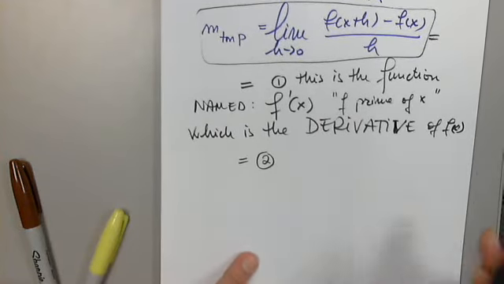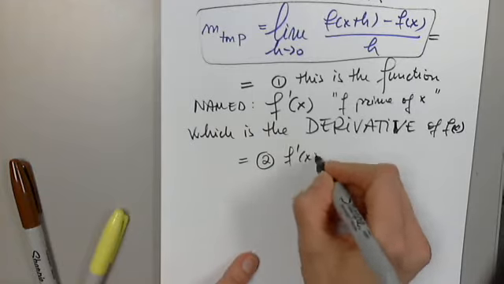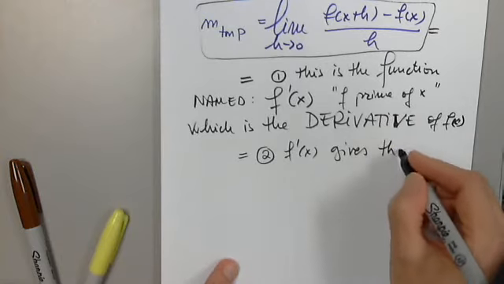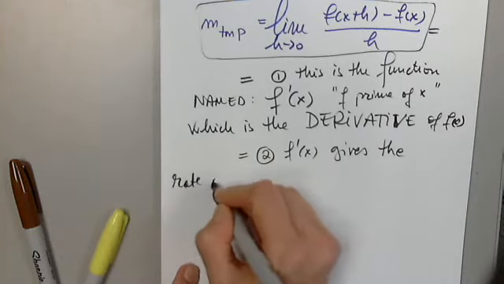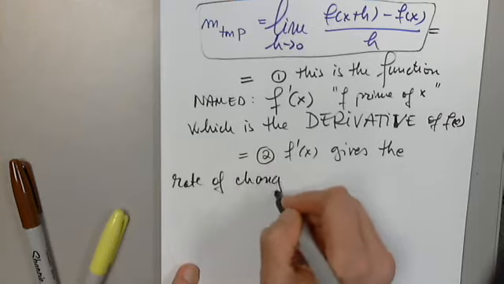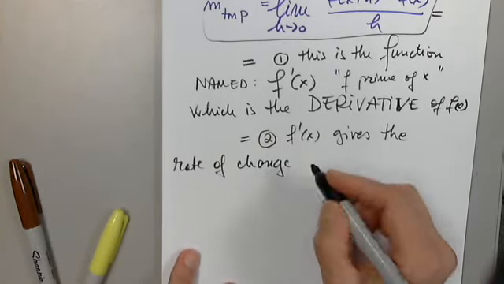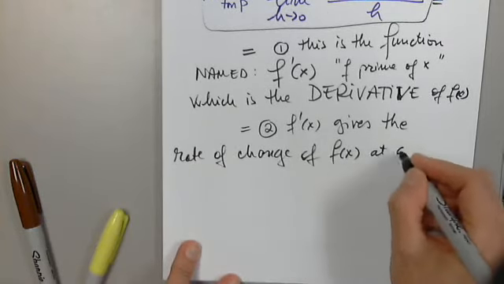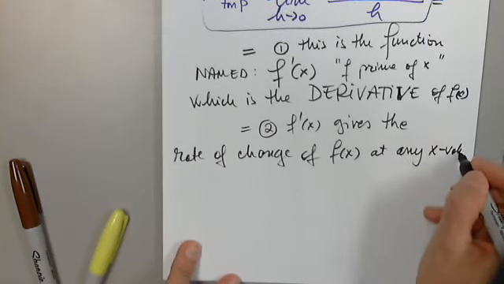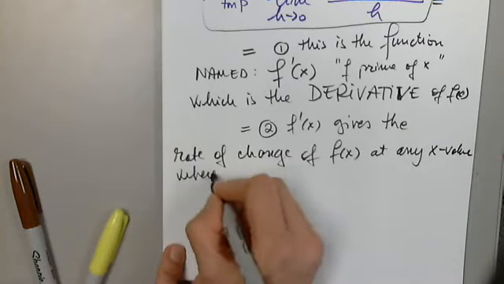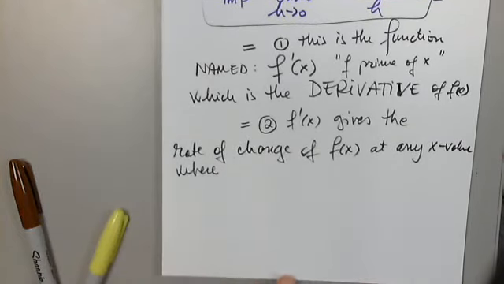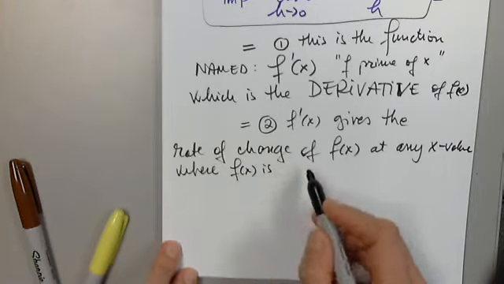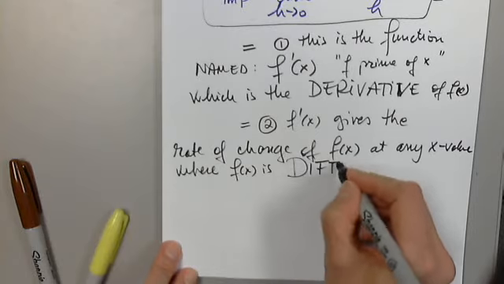Next, f prime of x gives the rate of change of f of x at any x value where, this is another word that we have to explore, where f of x is differentiable.